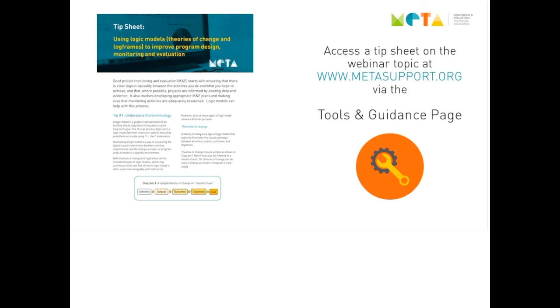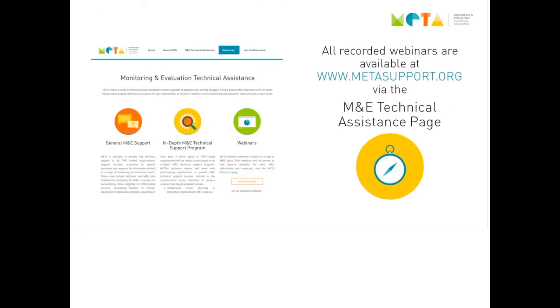We also have some templates for developing those log frames, as well as a case study that illustrates the process, similar to what Kasia talked about, of working together as a team to develop and refine a log frame. We have also recorded this webinar. We'll post that as well at metasupport.org, and you can access that via the M&E Technical Assistance page under webinars.